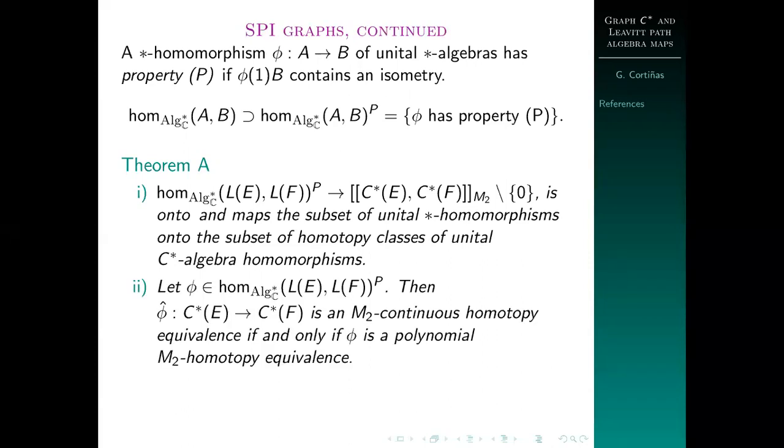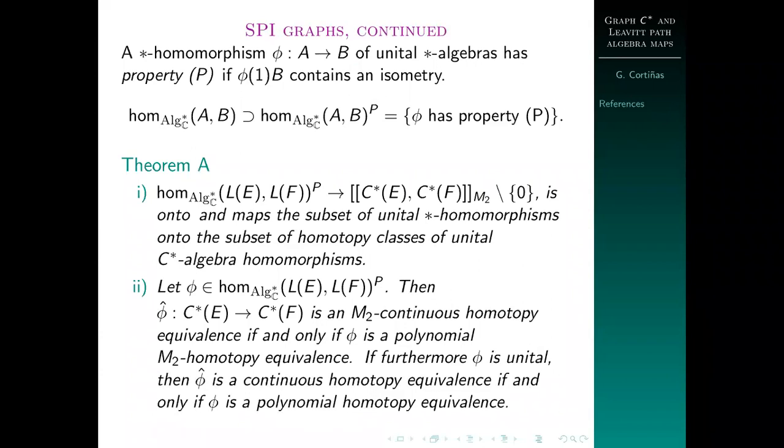And if you have a star homomorphism with property P from LE to LF, such that phi hat is an M2 continuous homotopy equivalence, then phi was already an M2 homotopy equivalence.